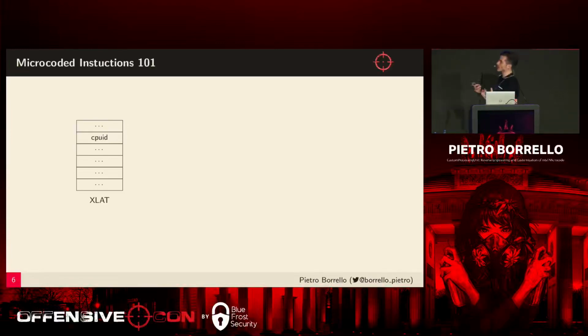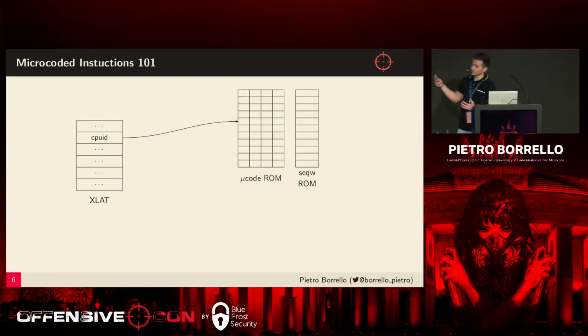And we can imagine that there is some sort of translation or lookup table inside the CPU, where every time you are about to execute an instruction that is microcoded, this lookup table will bring the execution to the so-called microcode ROM that actually holds the microoperations that implement the microcode routine required to implement the operations for example, CPUID instructions. As the name says, this microcode ROM will be immutable.